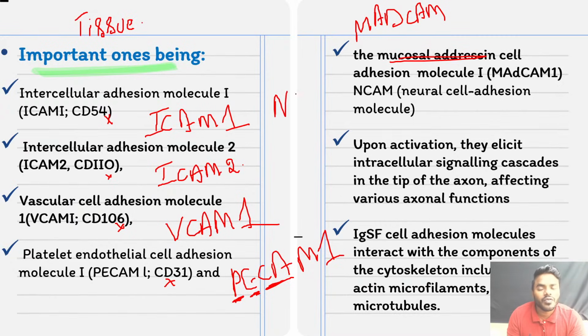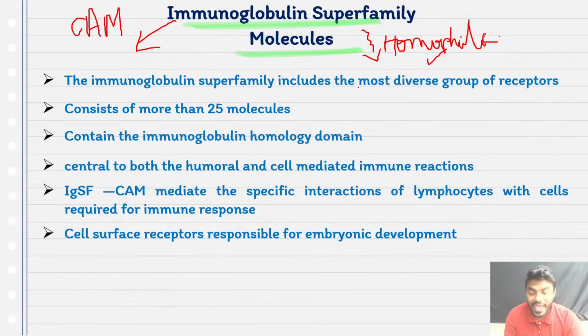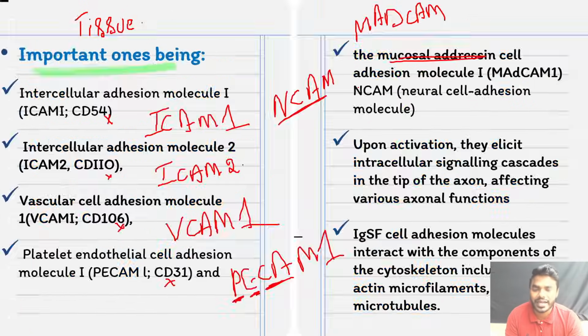Then followed by NCAM, neural cell adhesion molecule. Always remember this point, listen to my statements very carefully. These are the different types of immunoglobulin superfamily CAM molecules present in our body, which were named based on the tissue where they are generally expressed. Kindly do not get confused with this point.